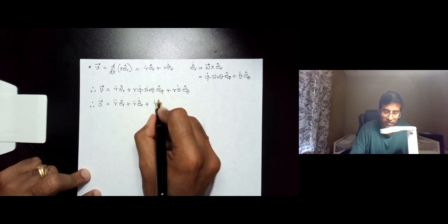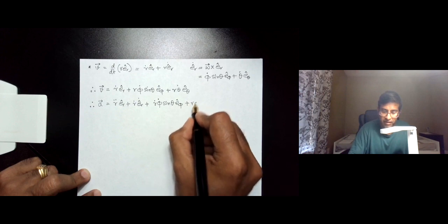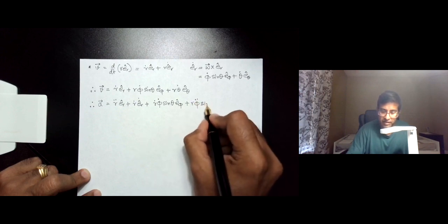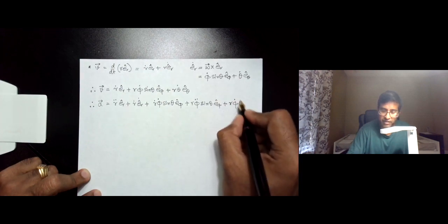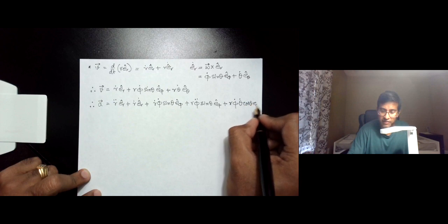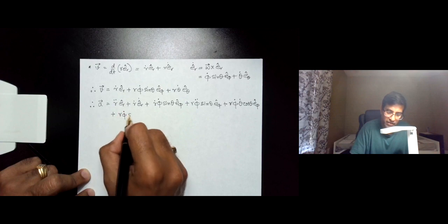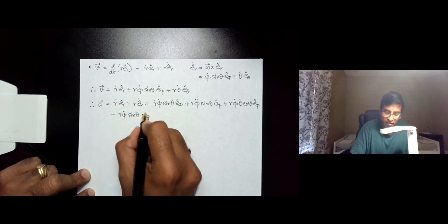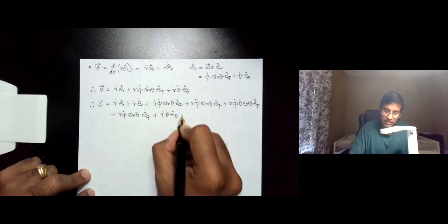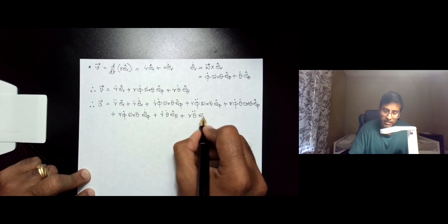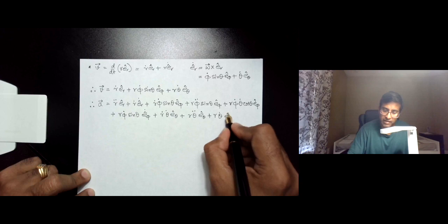So R dot phi dot sine theta E phi plus R phi double dot sine theta E phi plus R phi dot theta dot cosine theta E phi plus R phi dot sine theta E phi dot, right, plus R dot theta dot E theta plus R theta double dot E theta plus R theta dot E theta dot.